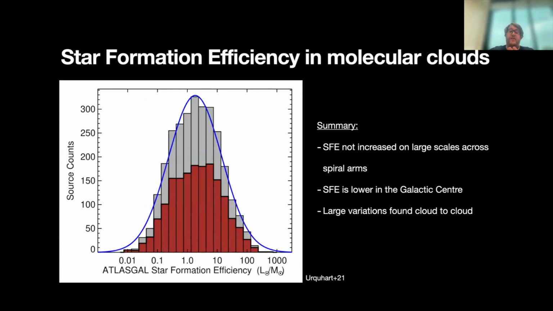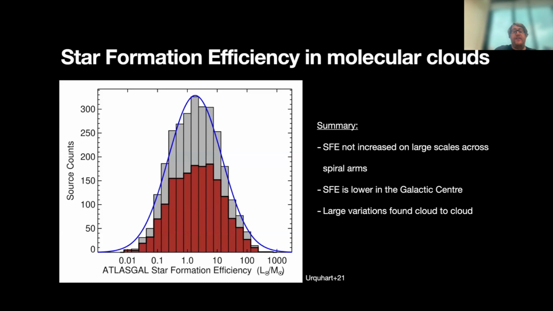Star formation efficiency is lower in the Galactic Centre, but there are large variations from cloud to cloud. So this plot from James Urquhart's 2021 paper looks at ATLASGAL clumps across the Milky Way plane.